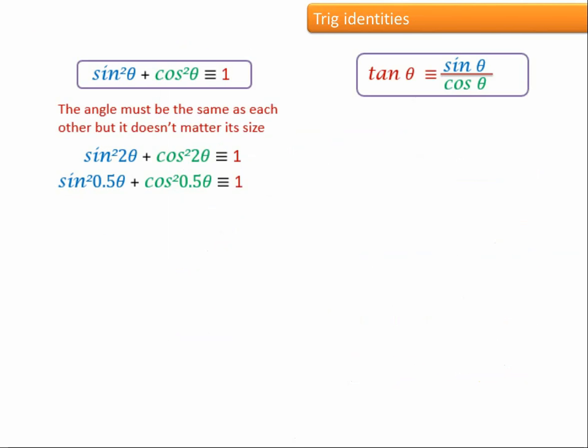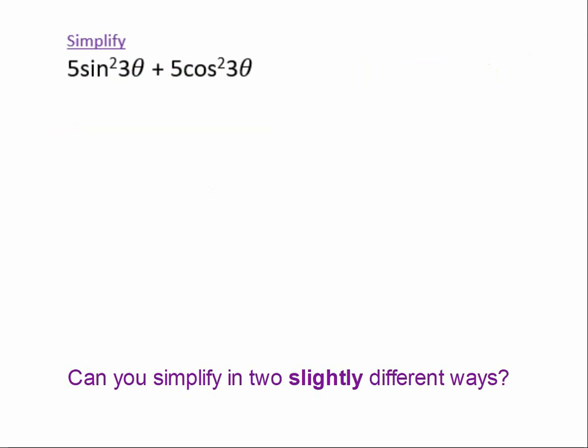Here's just me saying again, the angles could change. So half theta, that's still identical to 1. The angle doesn't matter, but it must be the same in each term. Whatever that angle is there has to be the same here and here. Otherwise that identity is not true.